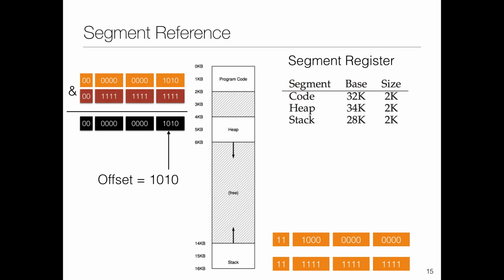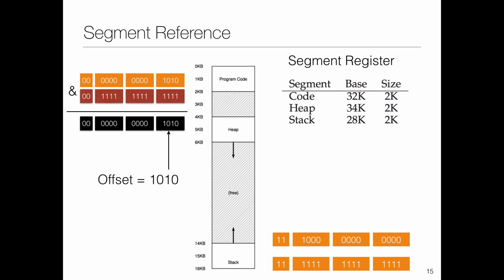Now let's look at the segment register which we had. Code has a base address of 32K and a size of 2K. This is the bound. Heap has 34K, 2K, stack is 28K and 2K in the physical memory. So an offset of 1 0 1 0 for code.